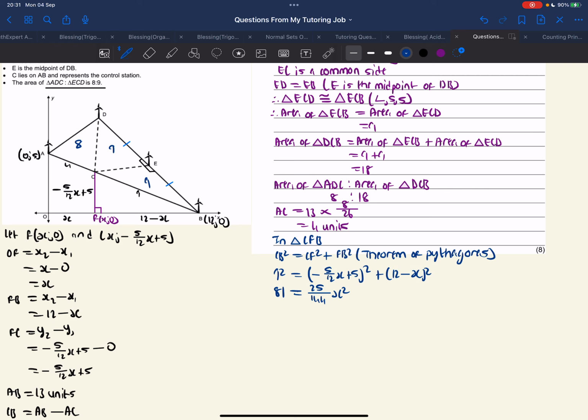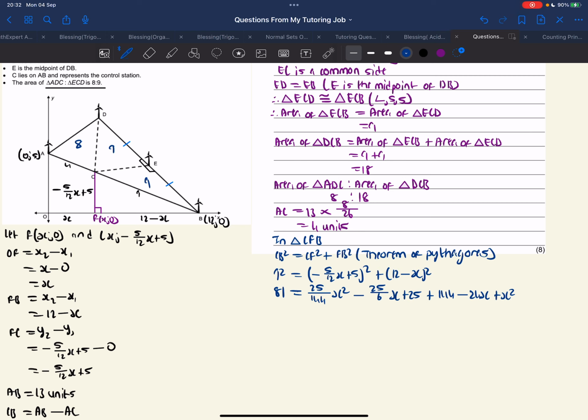And let me just see that quickly. So it's going to be minus 25 over 6x plus 25 plus 144 minus 24x plus x squared, right? So that means we're going to collect all the like terms. But then I'm going to need to take that 81 to this other side to actually equate to 0.